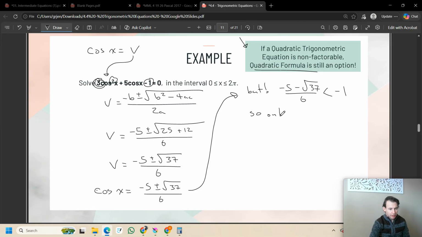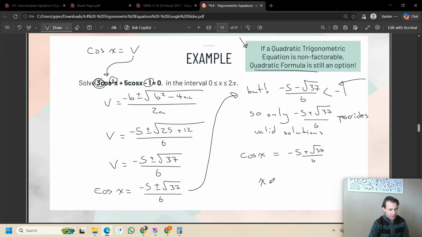So only minus 5 plus root 37 over 6 provides valid solutions. So we eliminated half of our solutions there. Great news, everybody. So now cosine x is equal to minus 5 plus root 37 over 6.